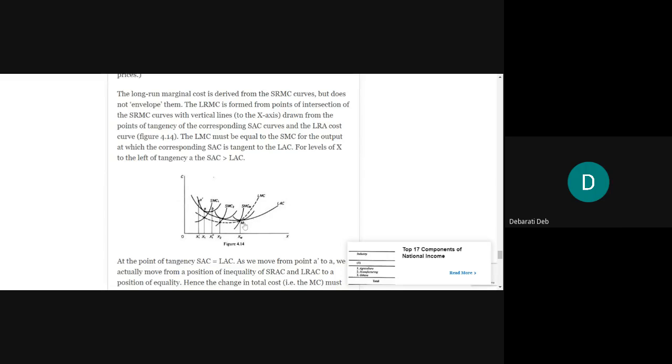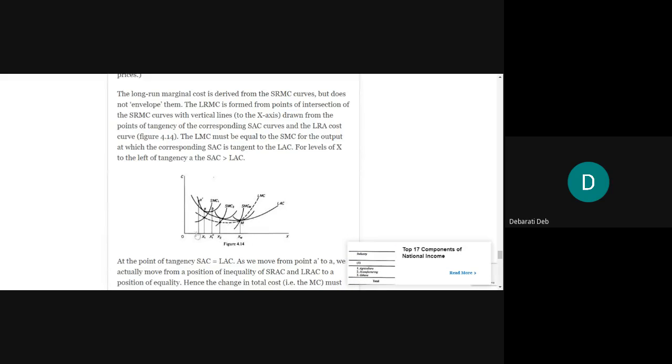Do you remember? Yes, the Friday's discussion. This M was the point of equilibrium where the short run average cost was tangent to the long run average cost, and it was the minimum point of the long run average cost. So this was the point of equilibrium.